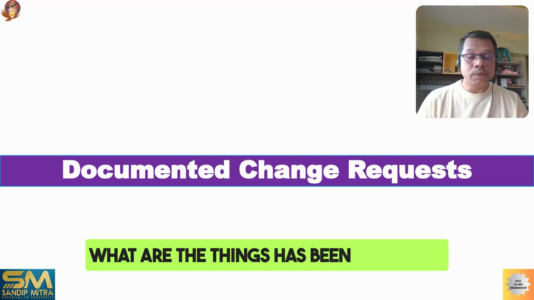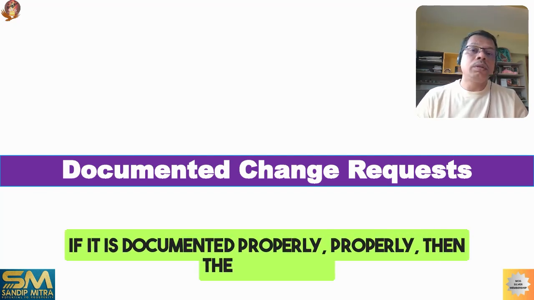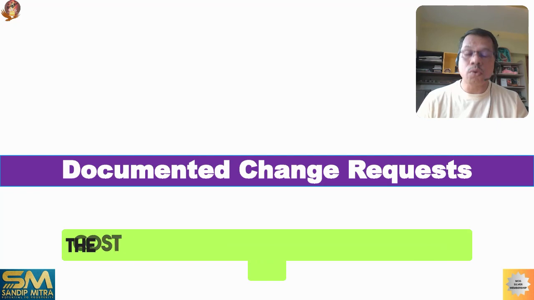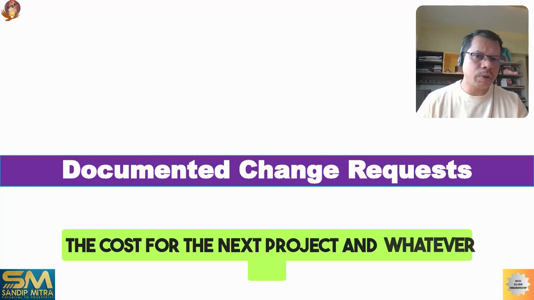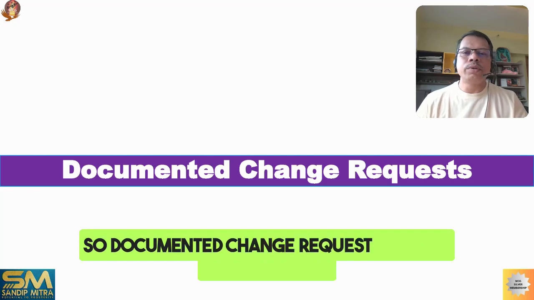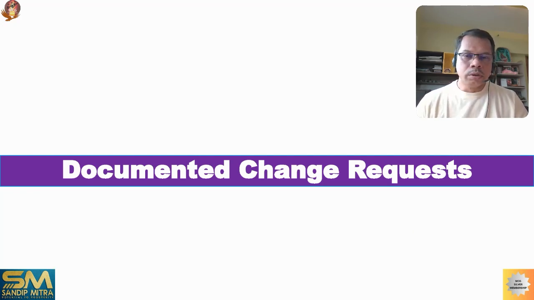What are the things that have been changed? If it is documented properly, then the historical data will help you to save your time and cost for the next project and the project you are running right now. So the documented change request is very important, and as a project manager you need to understand it.